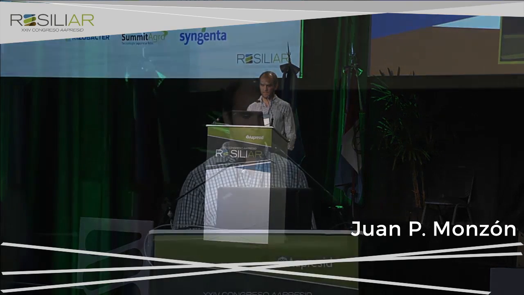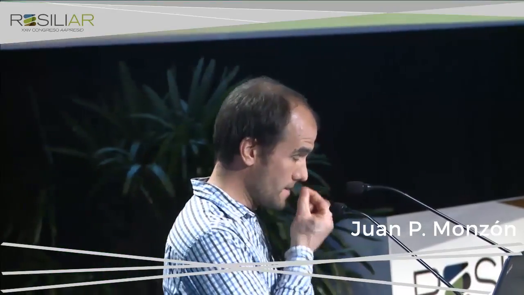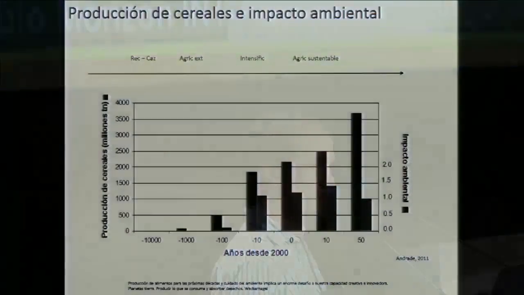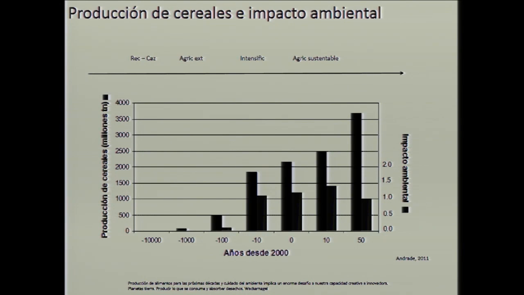I will start talking about yield gaps for corn in Argentina. One of the challenges of agriculture is seen in this graph, in this chart.